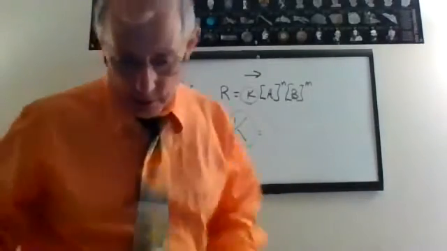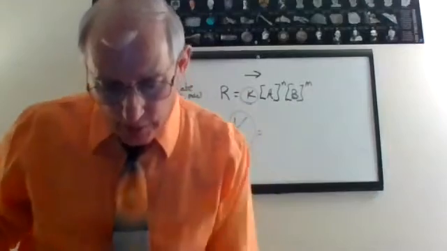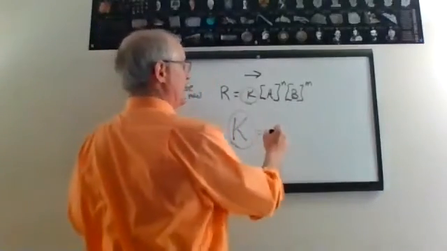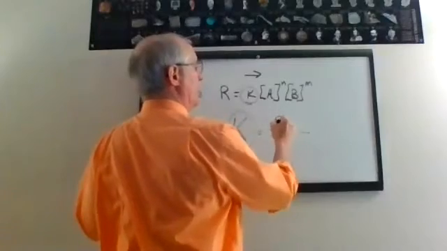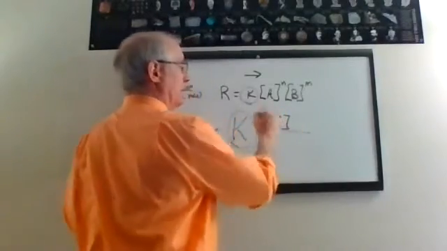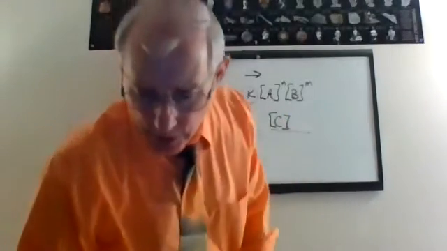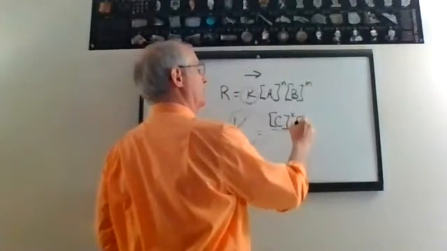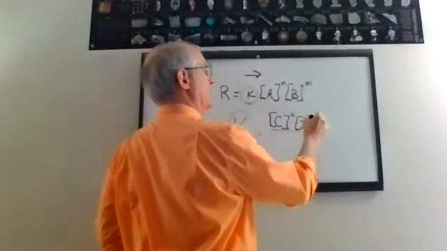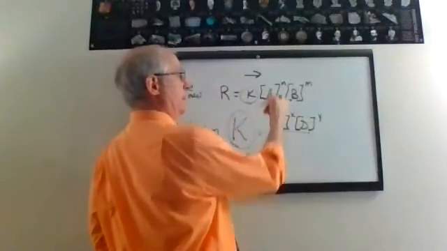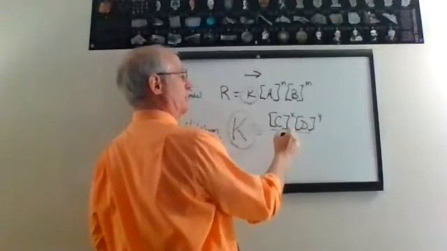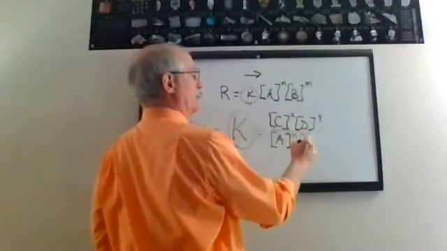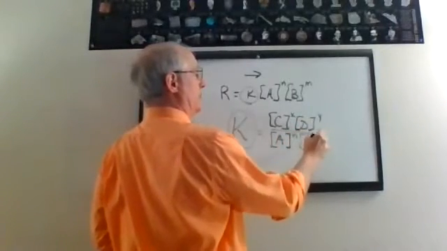And so if you take a look on page 557 in the middle there, you can see that the equilibrium constant is the concentration of product C to the X power and product D to the Y power. And then like this here, it's going to be reactant A to the nth power and reactant B to the nth power.